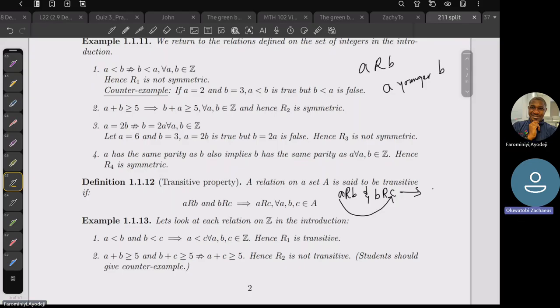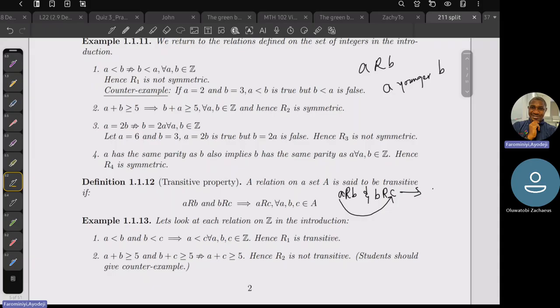It is not reflexive, because I cannot be older than myself. If I'm older than you, then you cannot be older than I am. It's not symmetric. Transitive, yes. It is transitive because if A is younger than B and B is younger than C, automatically A is younger than C.